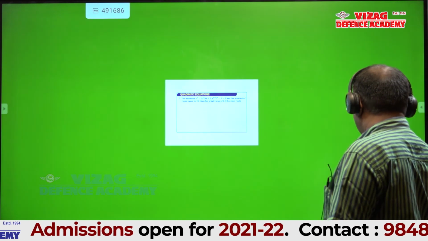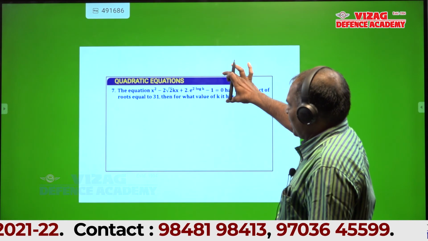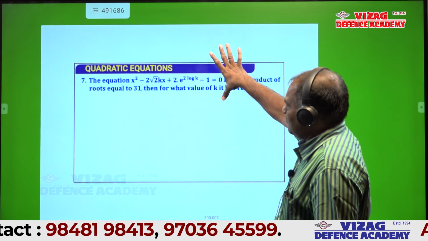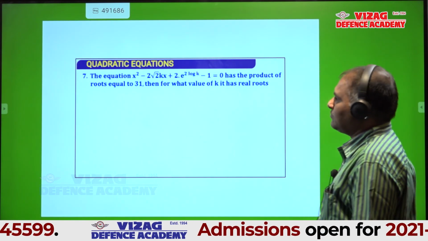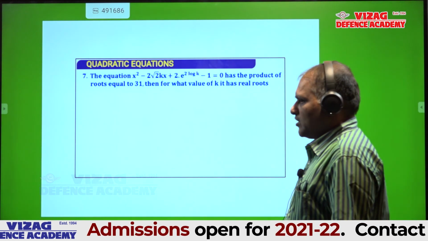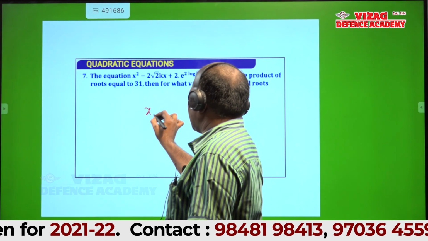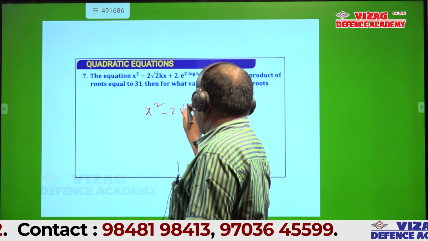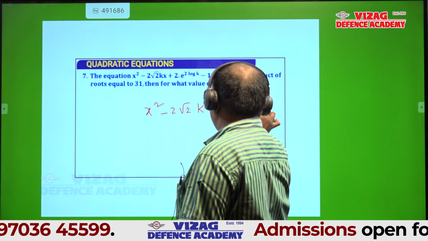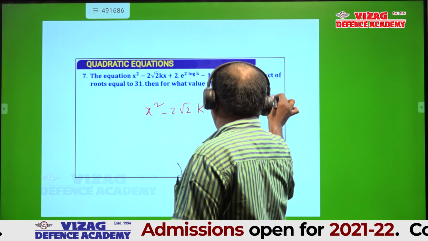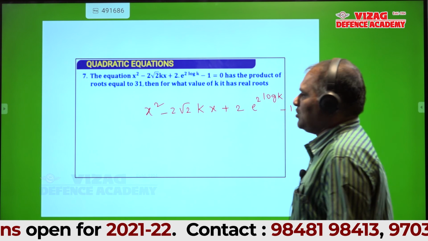Next one more, the last one. Note down. The equation 2 into e to the power 2 log k by 1 is equal to 31... kx plus 2 into e power 2 log k minus 1 is equal to 0.